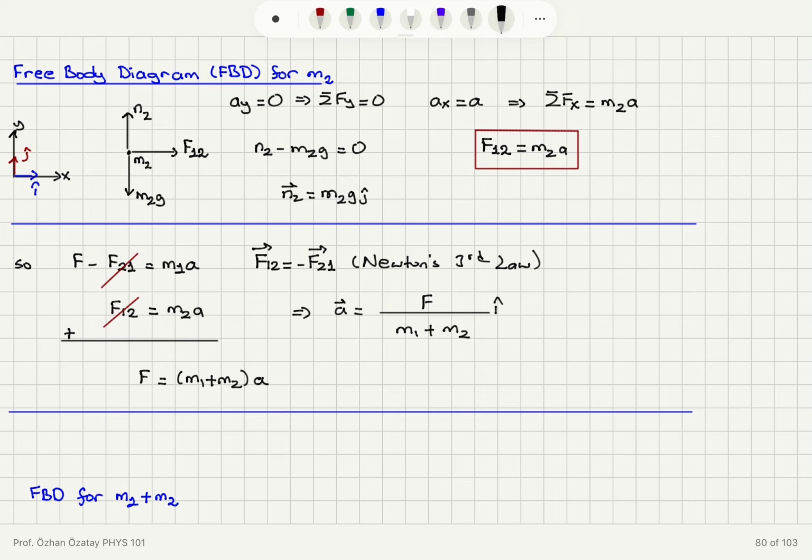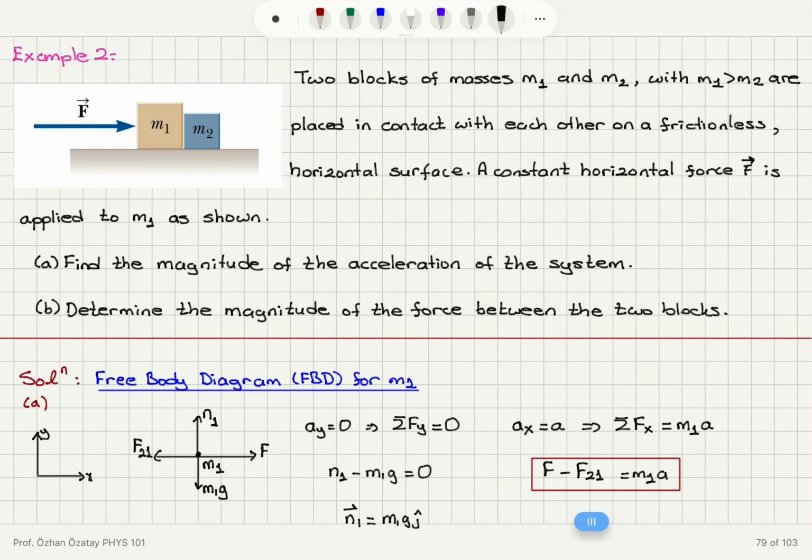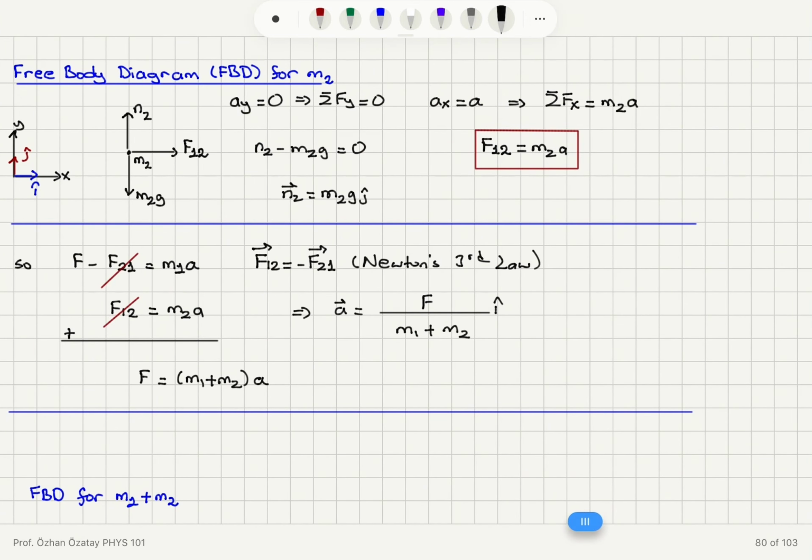Then I go back to the problem statement: find the magnitude of the acceleration of the system. The magnitude of the acceleration is F divided by (m1 plus m2). All right.